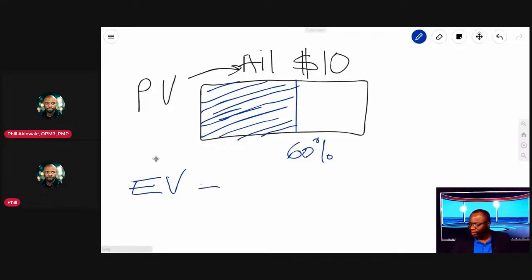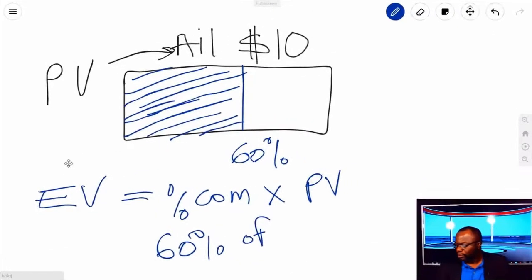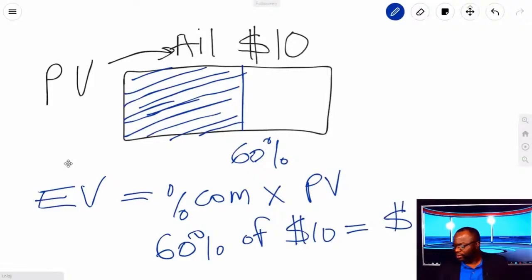Your earned value is going to be the percent complete times the planned value. So we're going to say 60% of the $10, and that's going to be $6. So in this example, you could say your earned value is $6. I got $6 worth of work done.